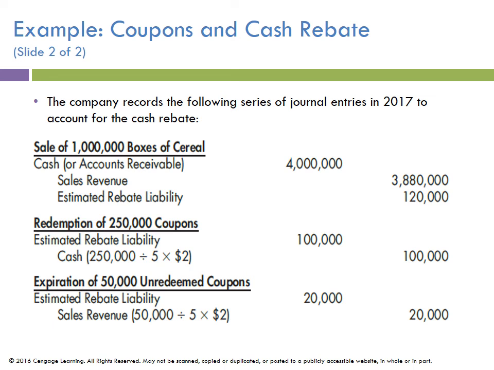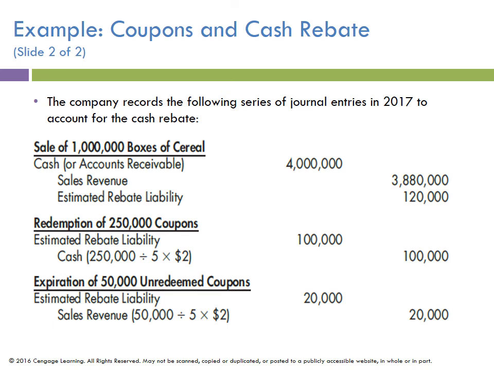For each 5, you get $2. So 60,000 of these offers will actually transpire. Multiply that by $2, $120,000 is how much they expect to have to pay out.